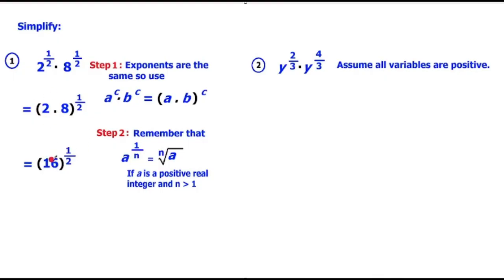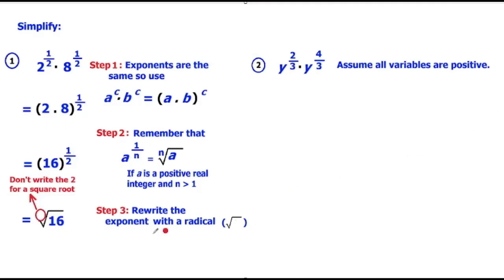We can multiply this out, 16 to the 1/2, and we could use this to calculate what we get. So now we could rewrite the exponent with a radical, okay? Instead of using this, we're going to use this. That's called the radical. So now the 16 is under the radical sign, okay?